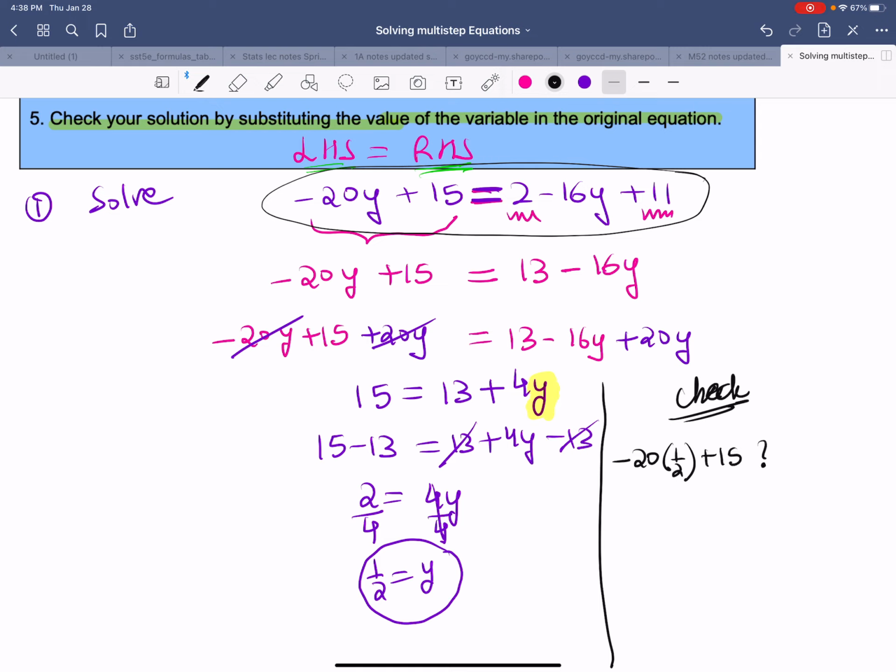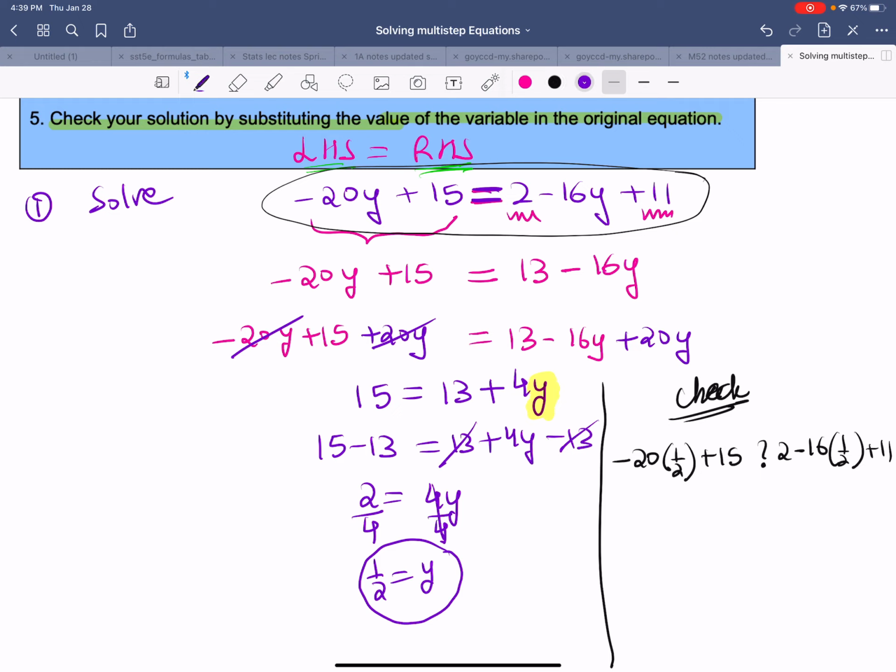And then I don't know if it's equal to 2 minus 16 times 1/2 plus 11. So I'm putting a question mark in the middle. I'm not sure if the left and right-hand side are equal to each other or not. If they are equal, my answer is correct. If I followed the steps correctly, my answer should be correct. And checking is just for my own peace of mind.